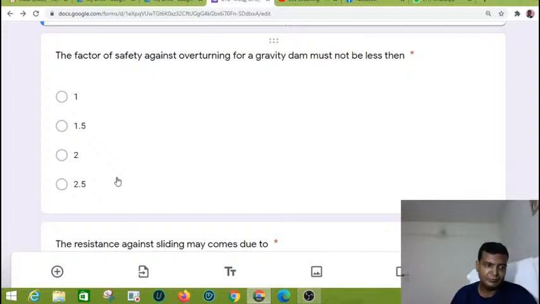Next objective is factor of safety against the overturning for the gravity dam must not be less than 1, 1.5, 2, 2.5.